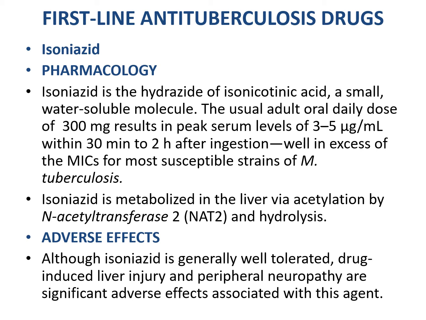Isoniazid is metabolized in the liver via acetylation by N-acetyltransferase 2 and hydrolysis. Although isoniazid is generally well tolerated, drug-induced liver injury and peripheral neuropathy are significant adverse effects associated with this agent.